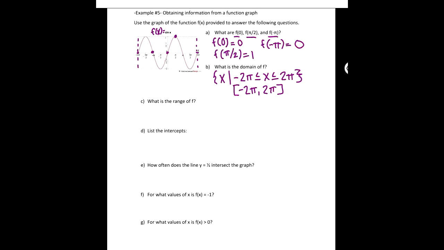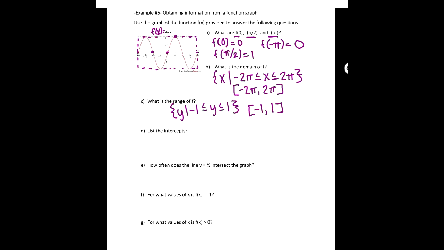What's the range? My highest y value is 1, and the lowest y value is negative 1, so my y's only go from negative 1 to 1. In set notation, it'd be y such that y is going from negative 1 to 1, or in interval notation, negative 1 to 1.